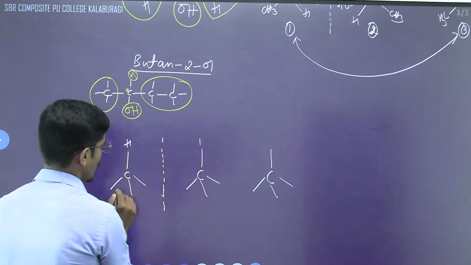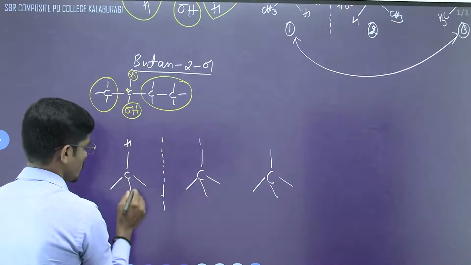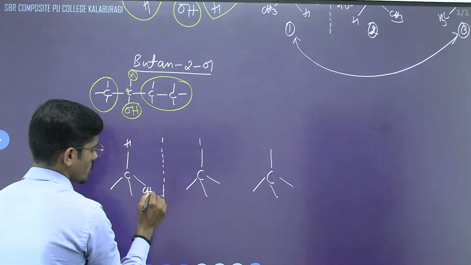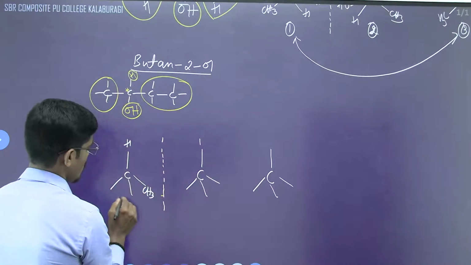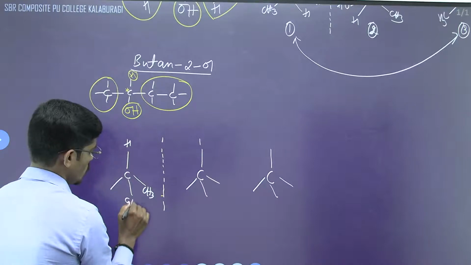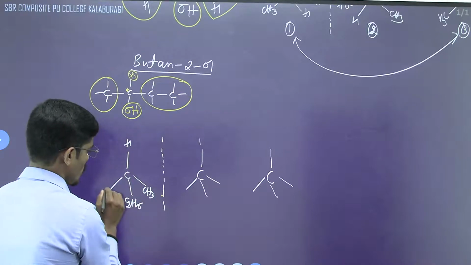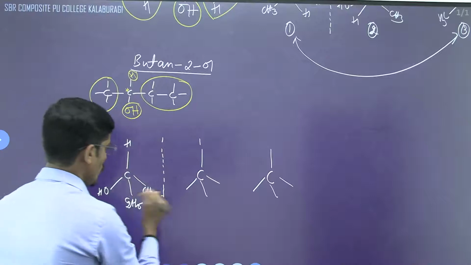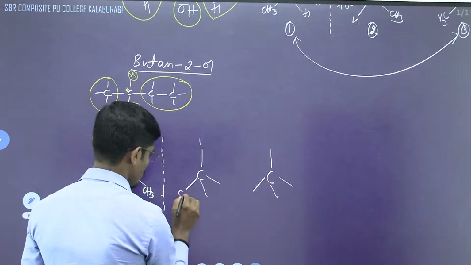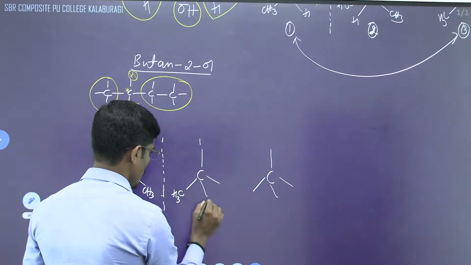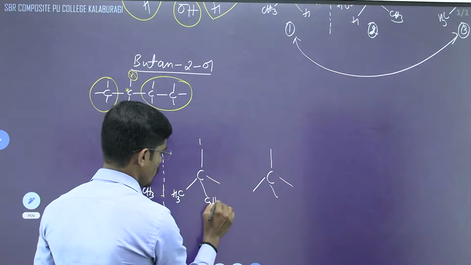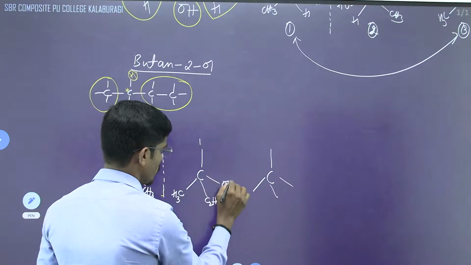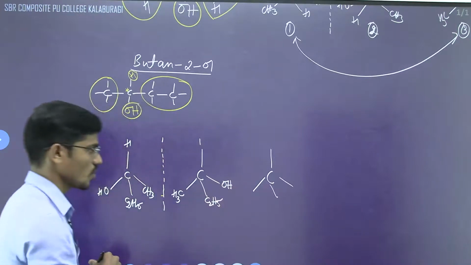The next group is CH3, then C2H5, and OH. In the mirror image, this will be the CH3 group, this is C2H5 and this will be the OH group.